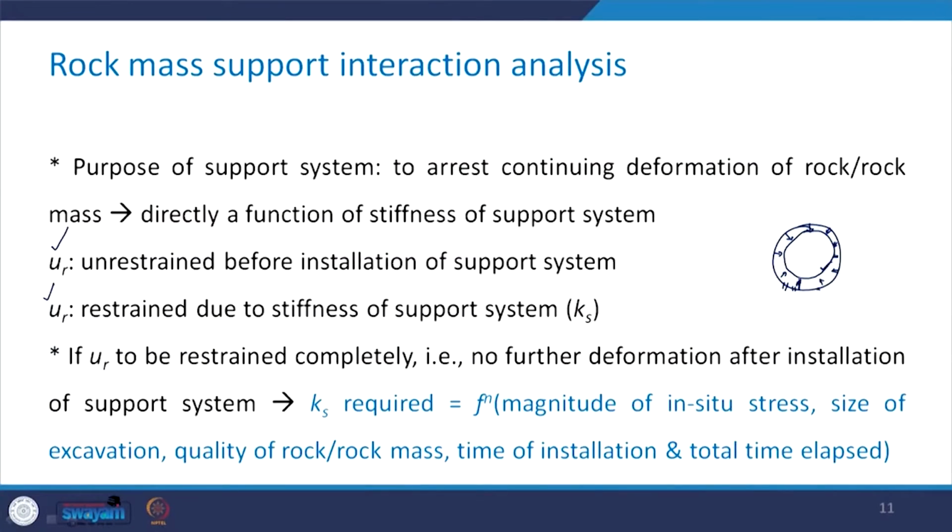So, this UR, which is this radial deformation, gets restrained due to the stiffness of the support system, which is being represented by Ks. So, if this radial deformation is to be restrained completely, what does that mean? That is, there is no further deformation after the installation of the support system.